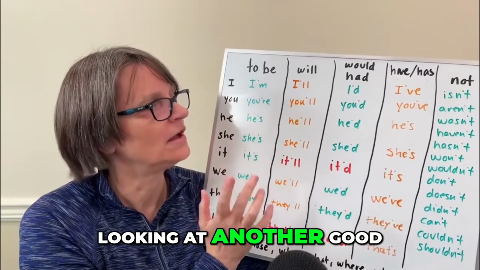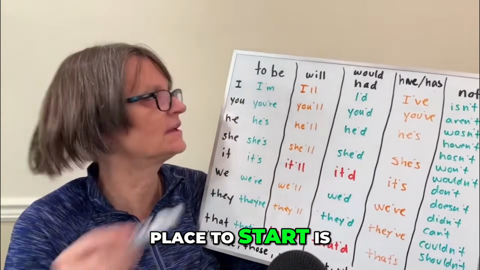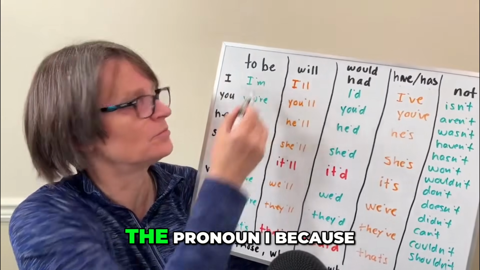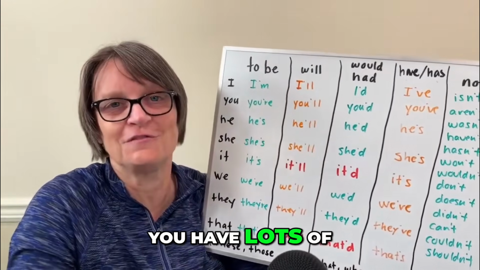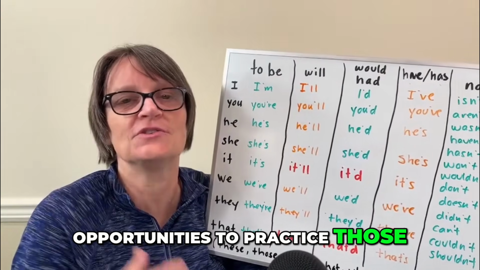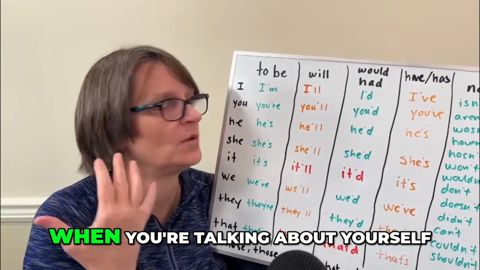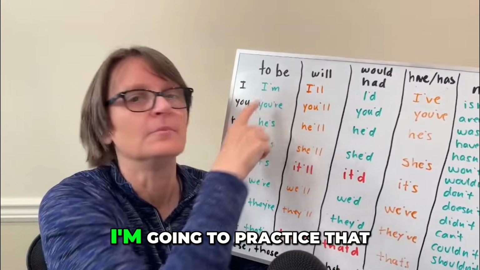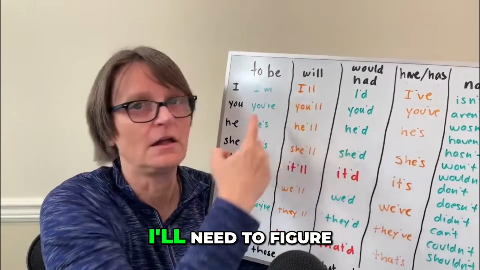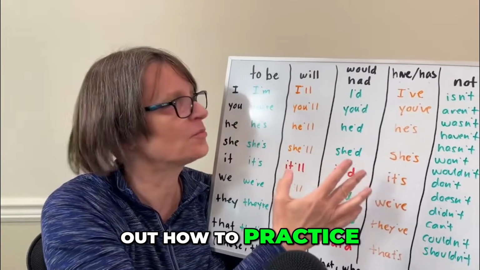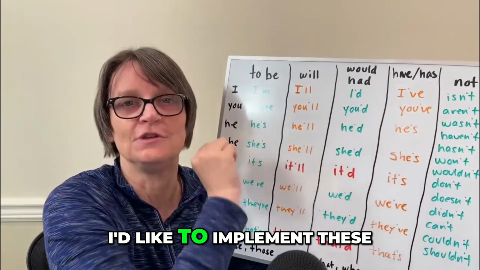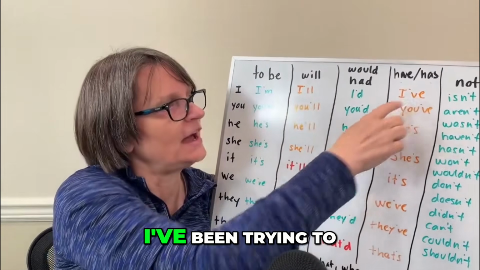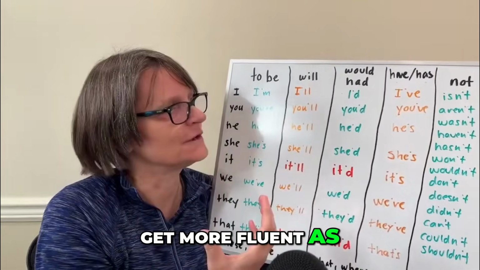Another good place to start is with the contractions with the pronoun I, because you have lots of opportunities to practice those when you're by yourself, when you're talking about yourself. I'm going to practice that. I'll need to figure out how to practice. I'd like to implement these. I've been trying to get more fluent as I'm speaking.